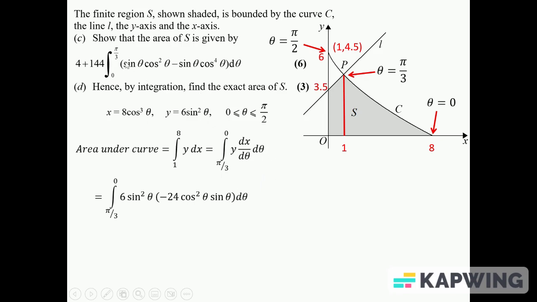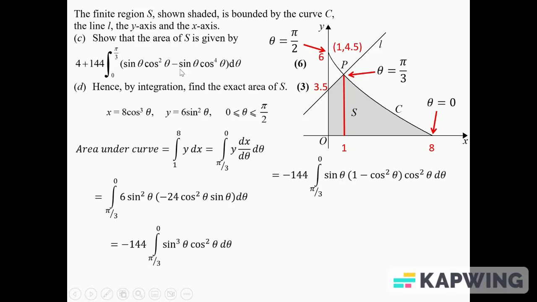I've got to get it into this form. So I'm going to take out the minus 144. I've got sine cubed cos squared then. What I'm looking for is a sine theta something. So I've got sine cubed here, so I can change the sine squared into 1 minus cos squared. So I've got sine theta times sine squared here, really.